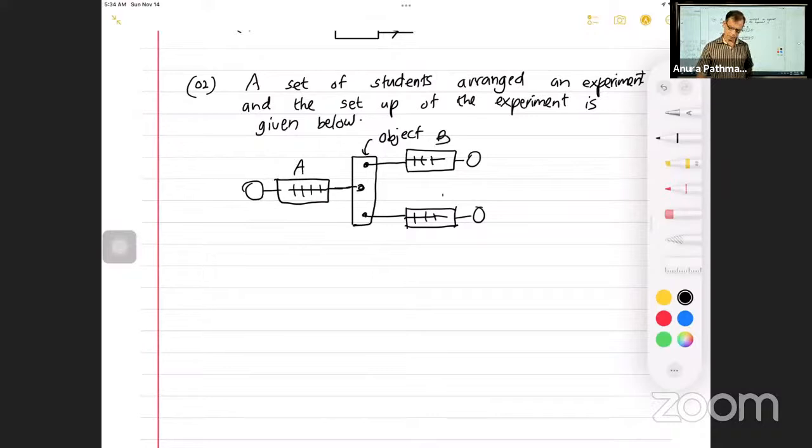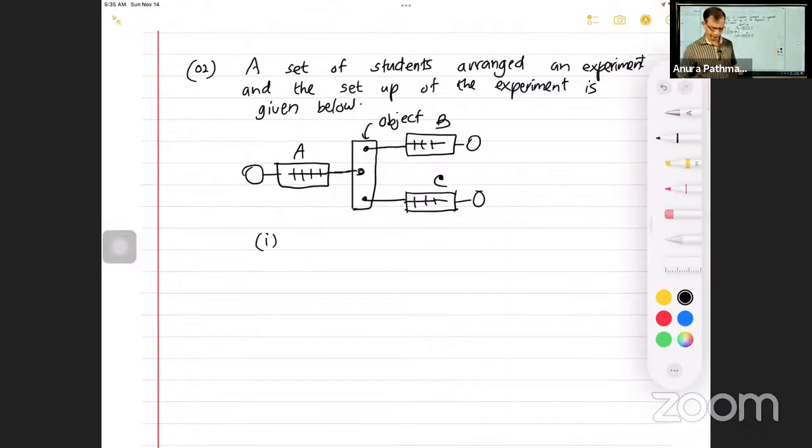A, B, C. Question number 1: What are A, B, and C?